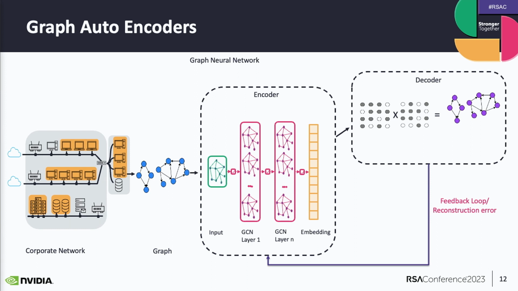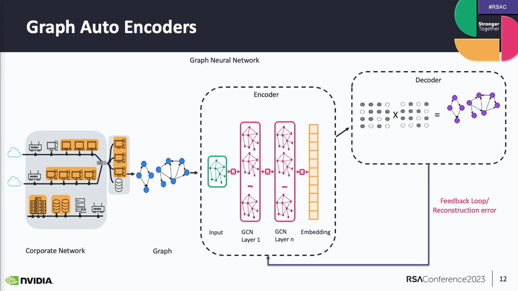So the kind of graph neural network we use is called a graph autoencoder. It has two components, the encoder module and the decoder module. Like we mentioned before, we represent a corporate graph in a graph representation, and this graph representation is input to the encoder module.